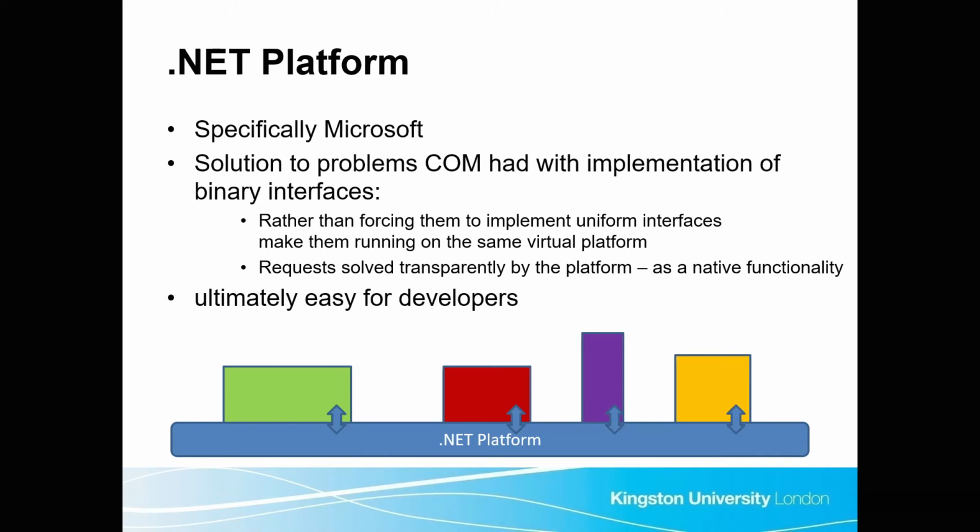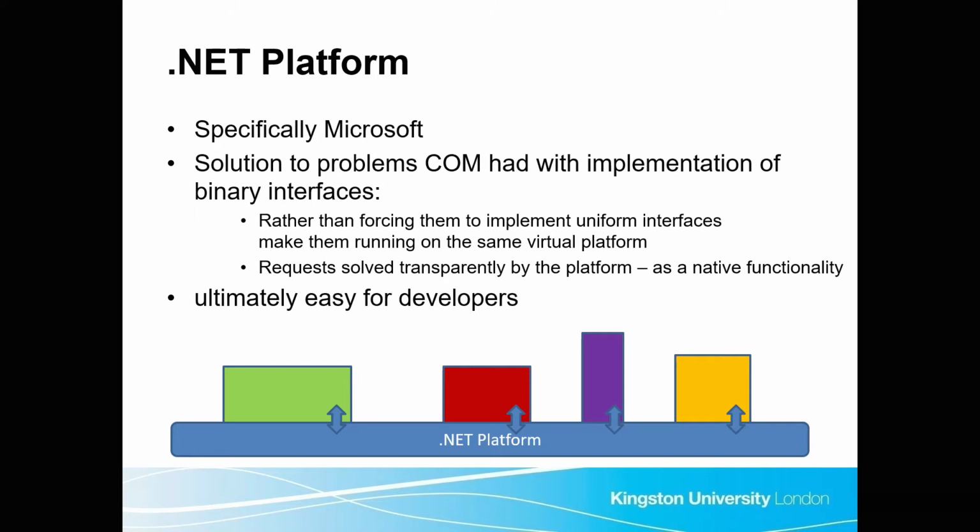It's ultimately easy for developers because the model is like this. .NET Platform provides actually a virtual computing environment for all the processes running in this platform. These processes, various user processes, will communicate not with the native operating system, but will communicate with .NET Platform.